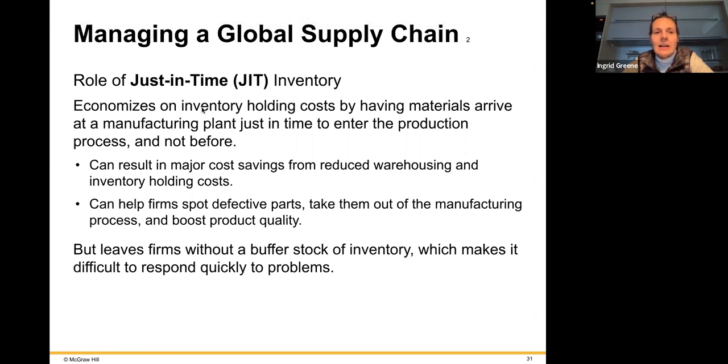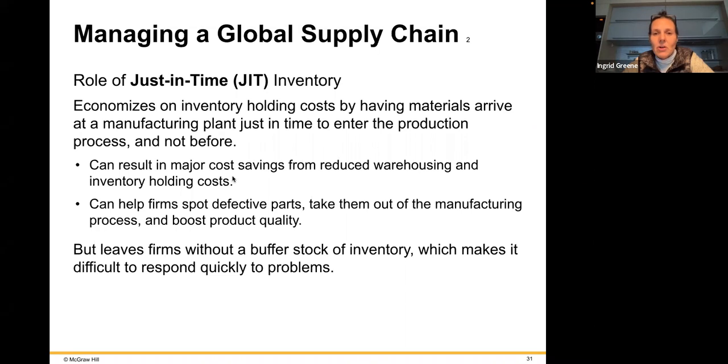So what this does is it economizes on inventory holding costs by having the materials, right, arrive just in time to enter the production process. Well, Dell is the finished product for the most part, but we're also talking about having the supplies arrive just in time.